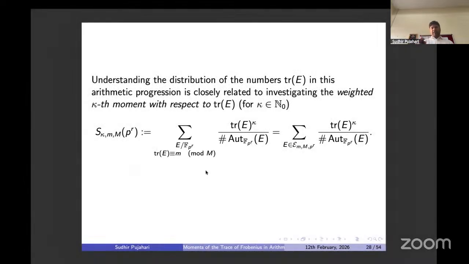So in this case, you are first fixing the prime p, and you are collecting all those elliptic curves over F_p whose trace of Frobenius obeys the congruent condition. Earlier, in our bucket, we collected the traces of Frobenius for any elliptic curve over F_p. Now in your bucket, you are collecting only those traces of Frobenius which obey this congruent condition. This is a much thinner set.